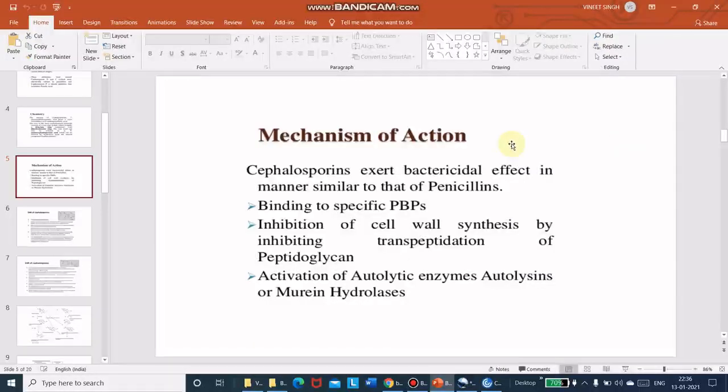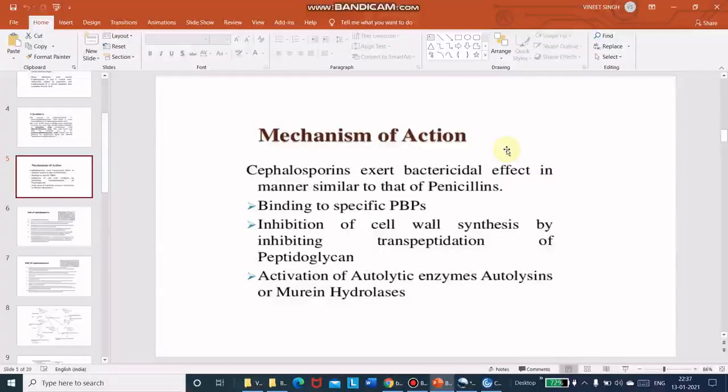Okay, so here we will see the mechanism of action of cephalosporins. So cephalosporins exert bactericidal effect, as we discussed. That cidal is the killing effect. In fact, in a manner similar to the penicillin. The penicillin mechanism was that they inhibit the cell wall synthesis.